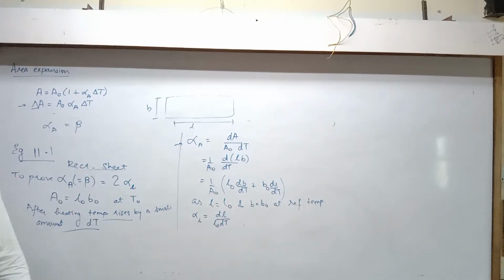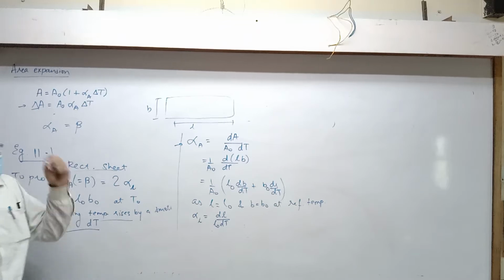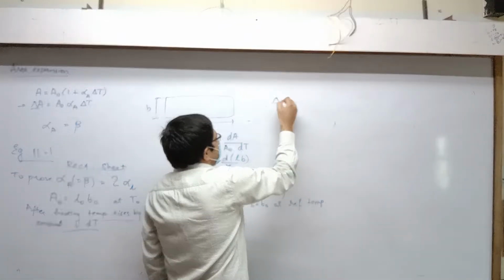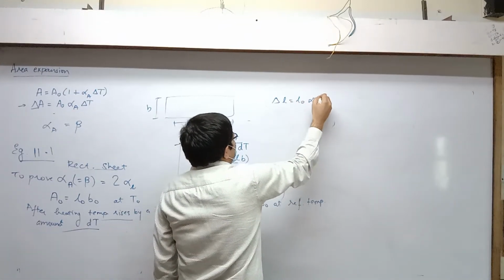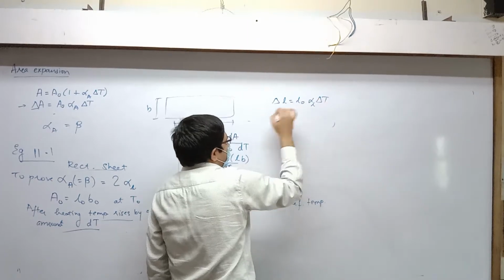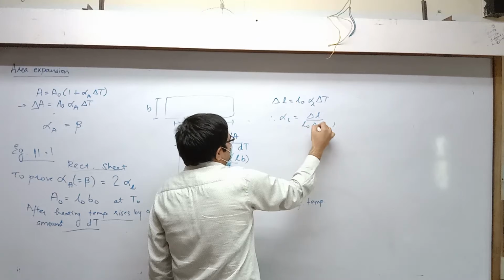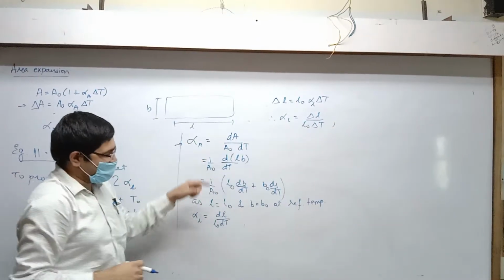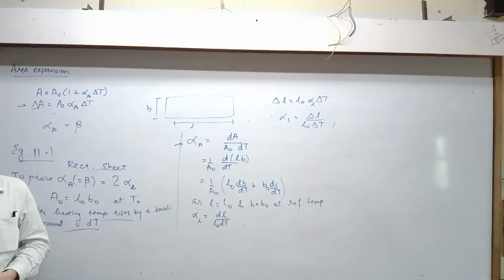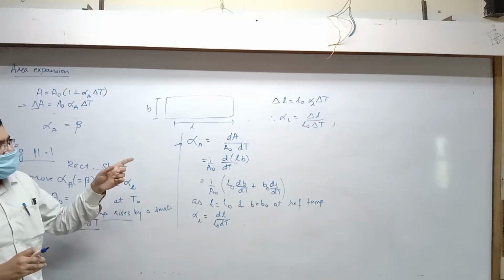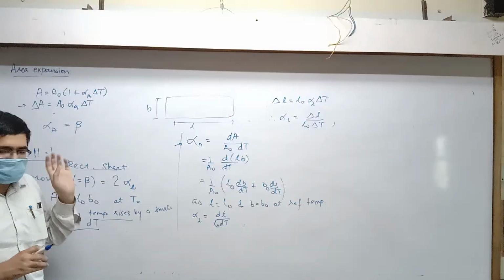Yes or no? In the morning what was written? Delta L equal to L0 alpha delta T, and here alpha is for length. So alpha L should be equal to delta L upon L0 delta T. But if you write that in small change form, how does it come? dL by L0 dt.